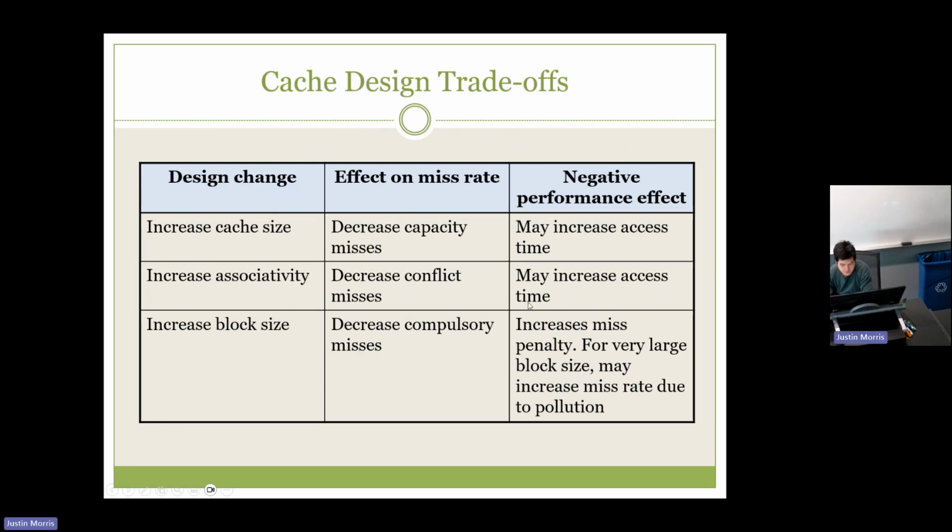But this is going to potentially increase the miss penalty because for a very large block size, it might increase my miss rate due to pollution. If I'm not going to use all of that data, then I fetched it all for no reason. And if my block size is larger, then I have to take a little bit longer to get all of that data from memory.